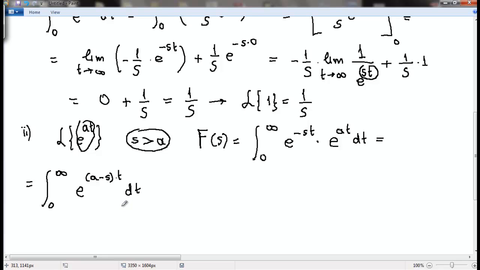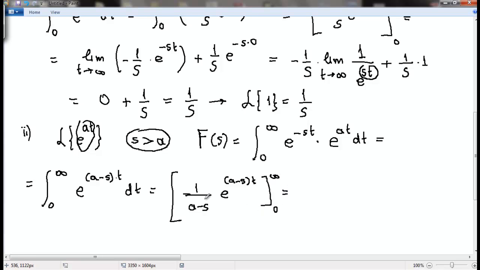Now, how can I find this? Easily. This is 1 over a minus s times e to the power a minus s times t, from 0 to infinity.